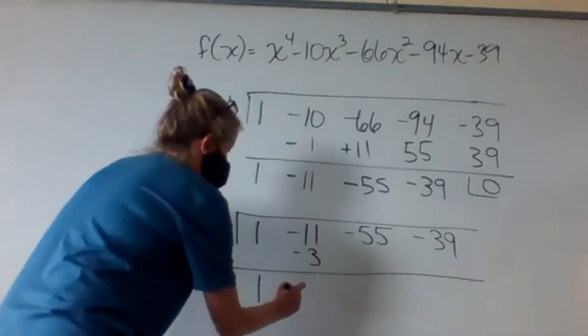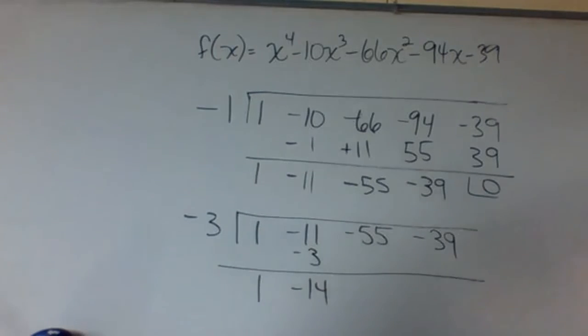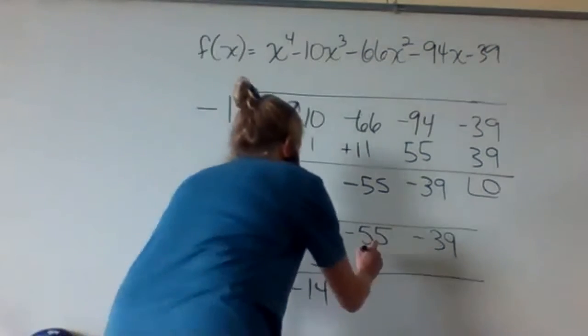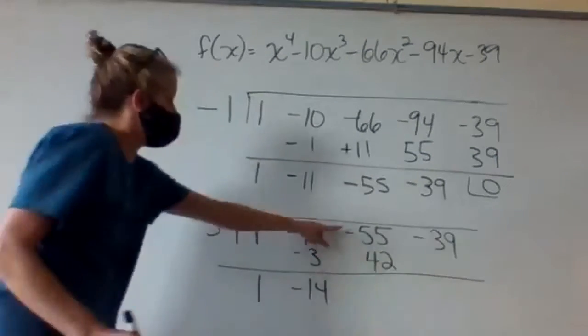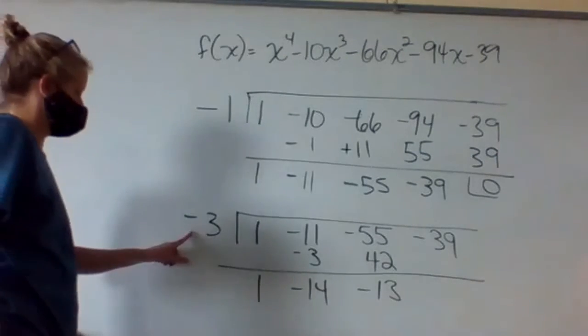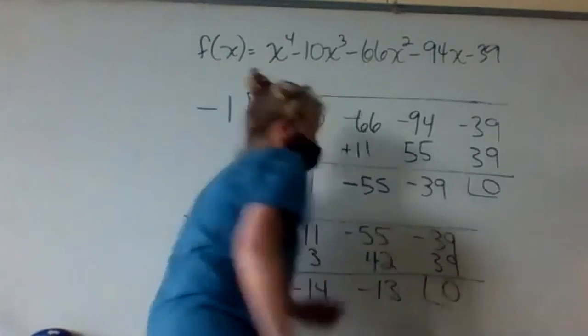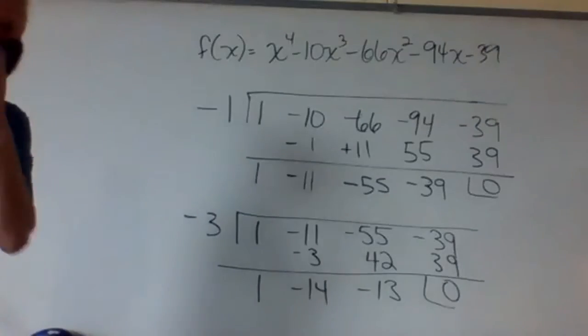Add this straight down. -14 times -3 is positive 42. Now add this straight down, I'd get -13. -3 times -13 is positive 39. There's my other 0 remainder.